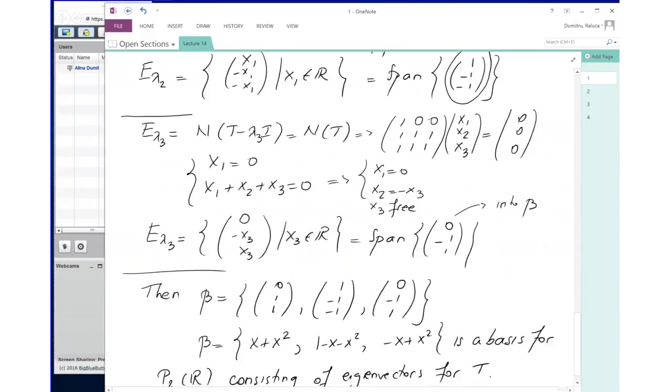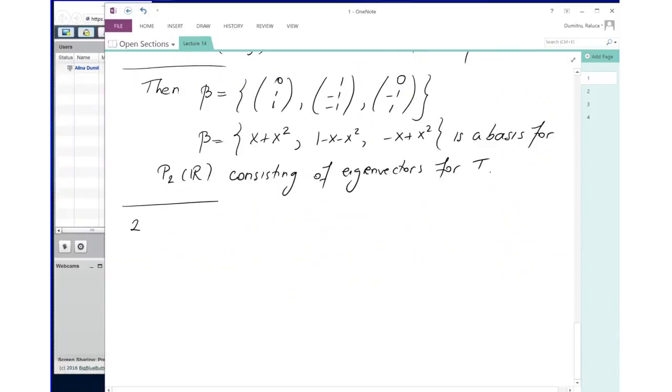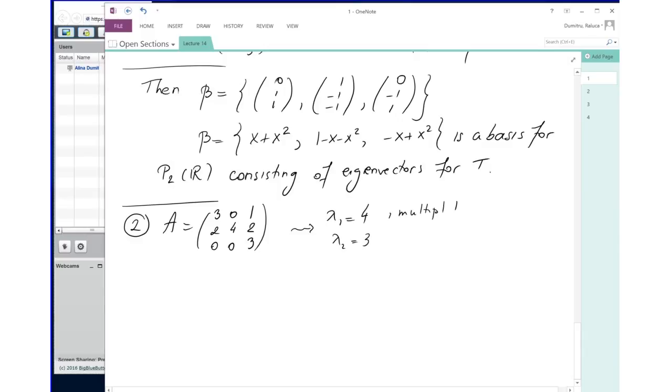Okay. The example 2, if you want to look into that, it was this matrix here. So we've seen last time that it has two eigenvalues, 4 and 3. This one had multiplicity 1, this one had multiplicity 2.